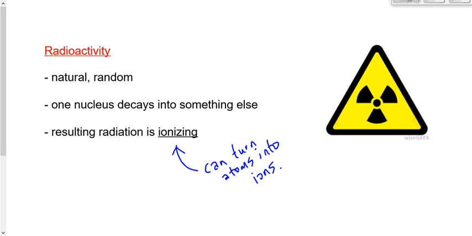Why is that a big deal? Sometimes it's not, but sometimes it is. If we happen to be exposed to that, and we have ionizing radiation turning atoms in our body into ions, then that can lead to all kinds of crazy things happening. Chemical reactions that aren't supposed to take place start taking place. And that's really what biology is, right?